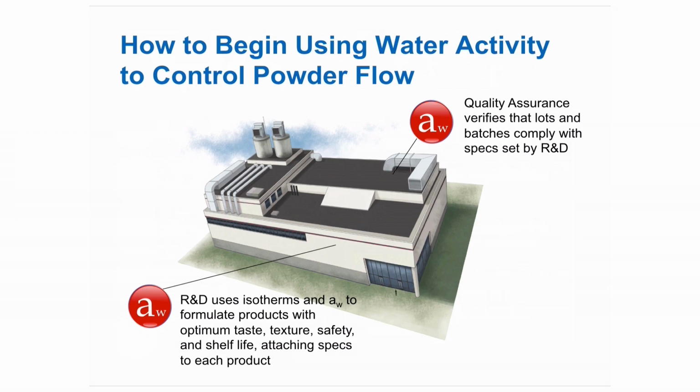So research and development's job would be to use information about the moisture characteristics of the powder, and then use that information to optimize its performance in its flow properties and its quality properties.